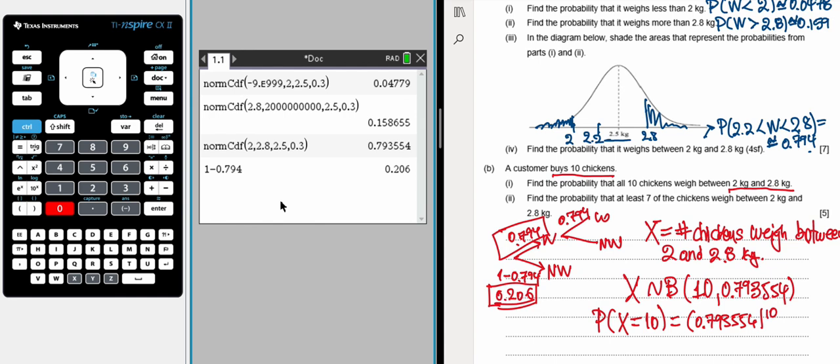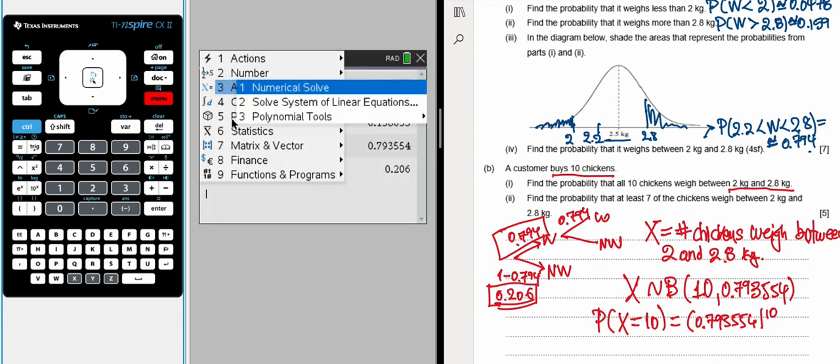Press OK, and that gives you 0.206, which I'm not sure is quite correct, because that did a different calculation.